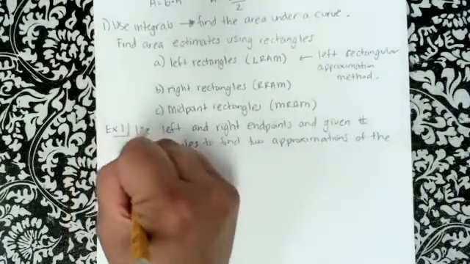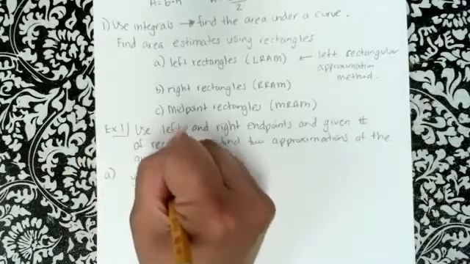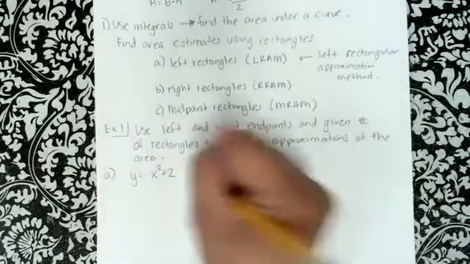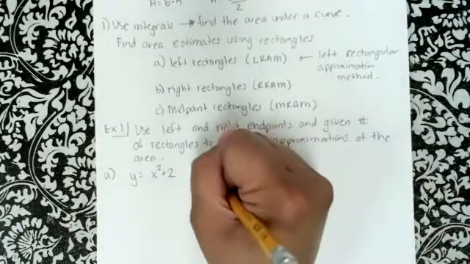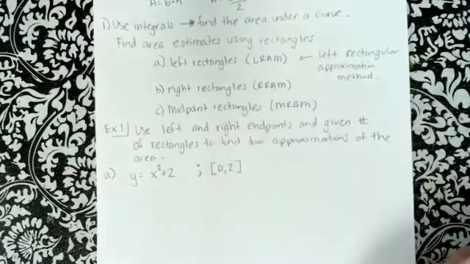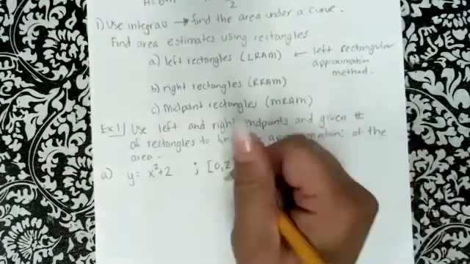Our equation is going to be y equals x squared plus 2. We are only going to look at the interval from 0 to 2. And I want 4 rectangles.